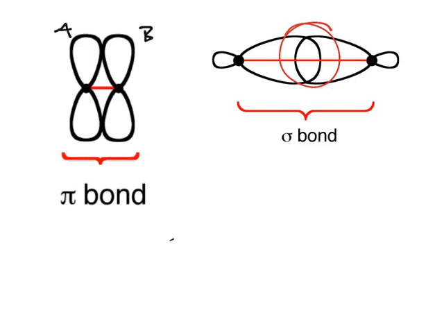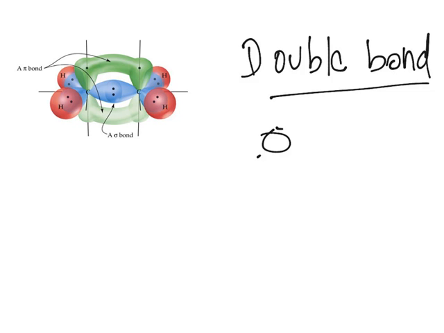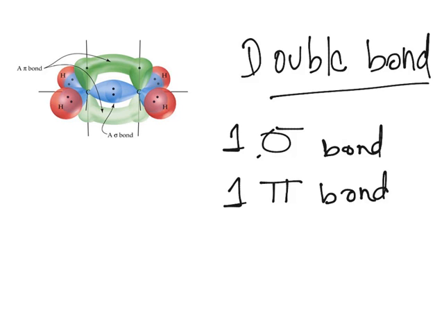And just to finish up, I'll talk briefly about double and triple bonds. This is how our double bond looks. It has one sigma bond and one pi bond. As you can see in the drawing, this is the sigma bond. There's fusing between them, like this, and this is our pi bond, this green thing.